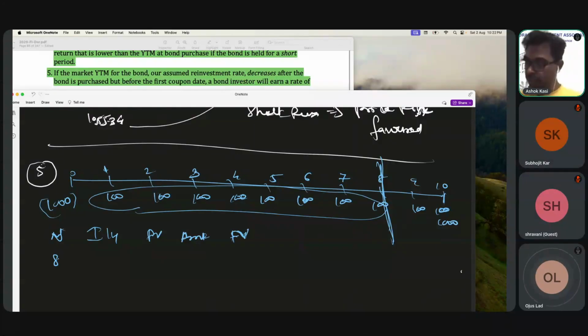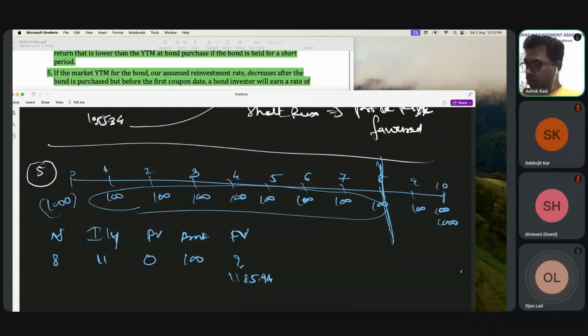N is 8. I/Y is the interest rate, which has gone up, let's say to 11 percent, from 10. Present value is nothing. Payment is 100. What is the future value? Calculate. 1185.94.